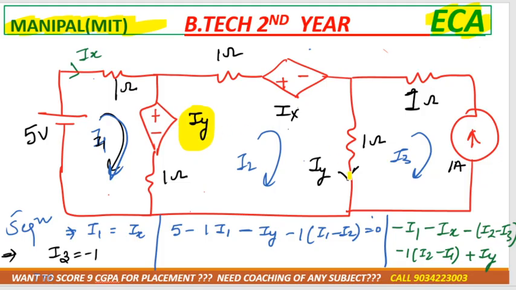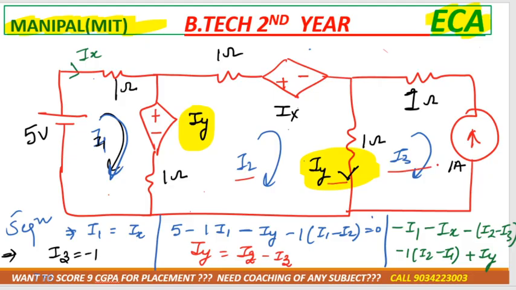If it is depending on mother, you have to search where your mother is here, right? So IY is in the middle branch, and as you know, in the middle branch you will have the two currents. So we can make a direct equation. IY is equal to I2 minus I3. Why? Because I2 direction and IY direction are the same and I3 is opposite, right?